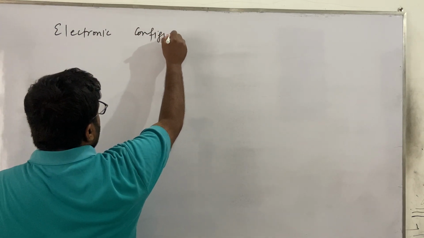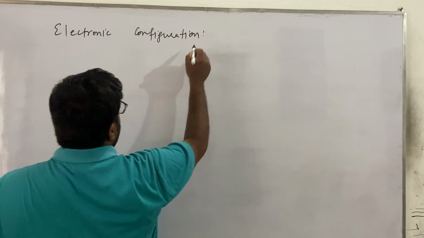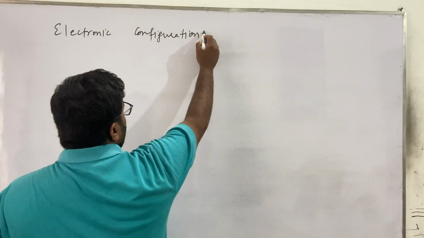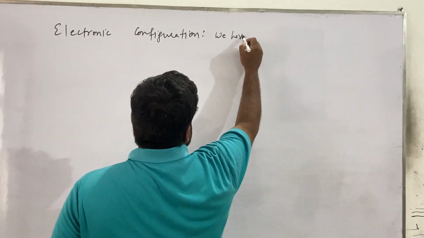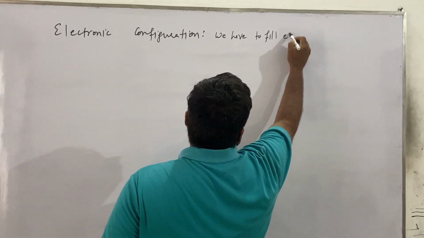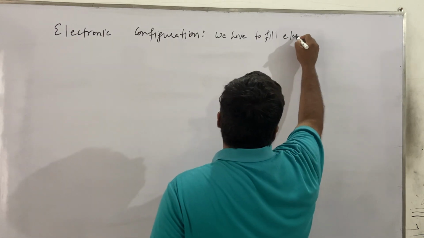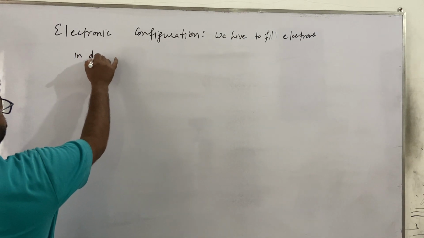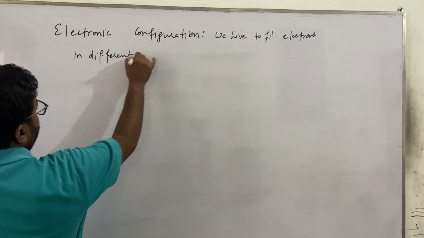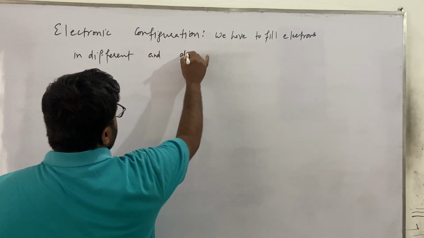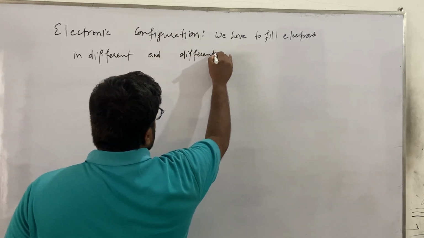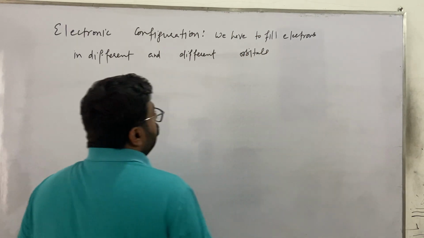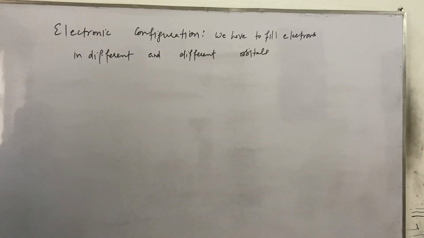Electronic configuration means we have to fill electrons in different subshells and different orbitals. For that, we have to understand some basic rules.